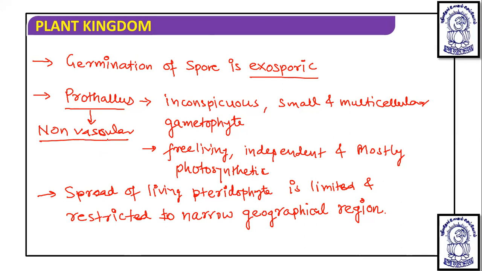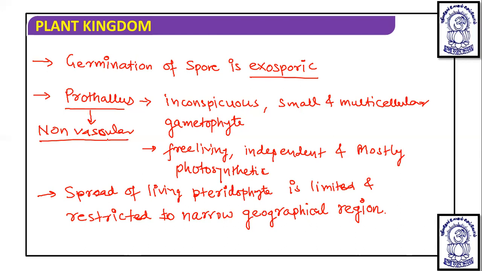In the whole plant kingdom, any prothallus or gametophyte has no vascular tissue. Only the sporophytic body contains vascular tissue, because vascular tissues evolved from pteridophytes, and from pteridophytes onwards you see the dominant phase is the sporophyte.